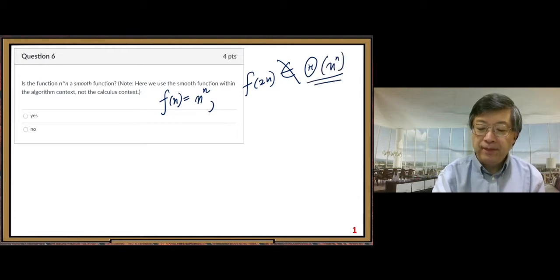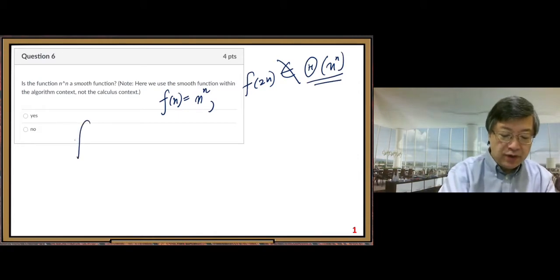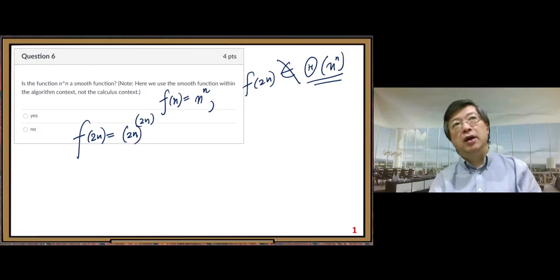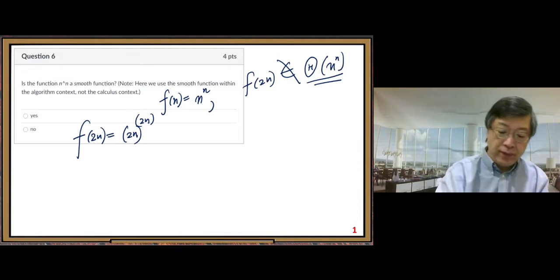This time, first, let's look at the form of f of 2n. But we need to simplify it. It is not easy to see clearly how large it is. So let us write in this way.